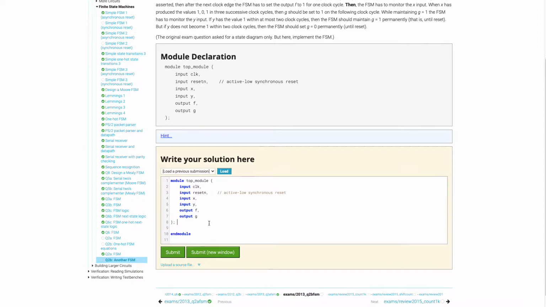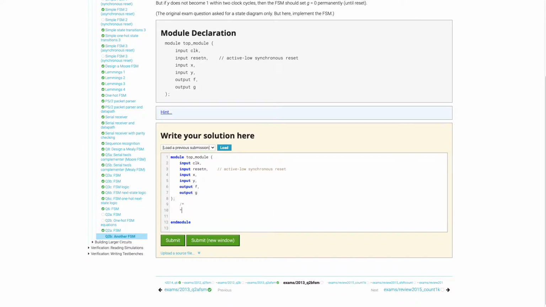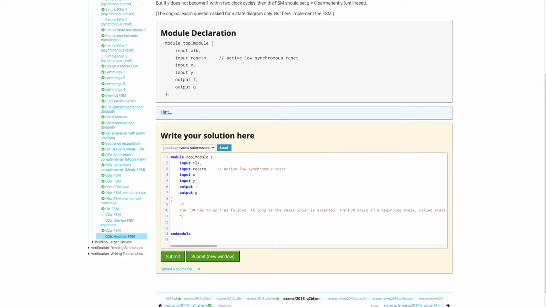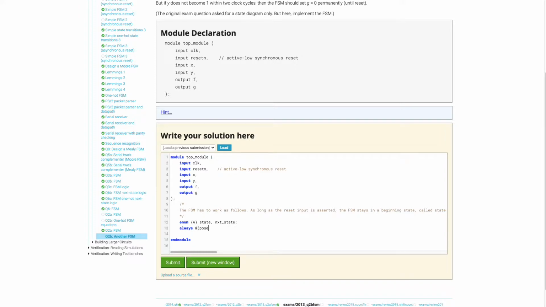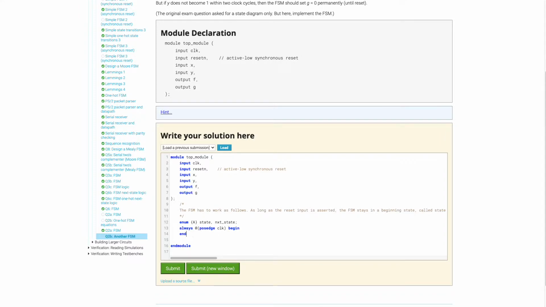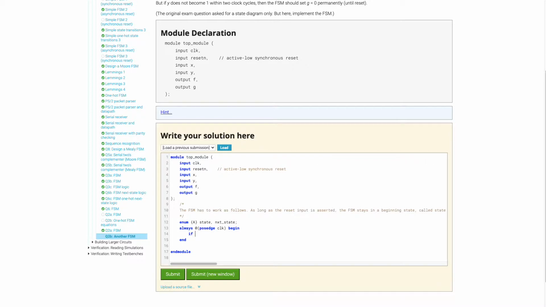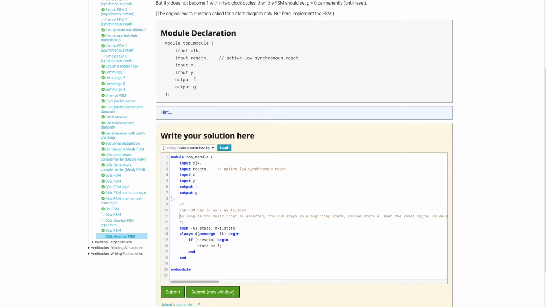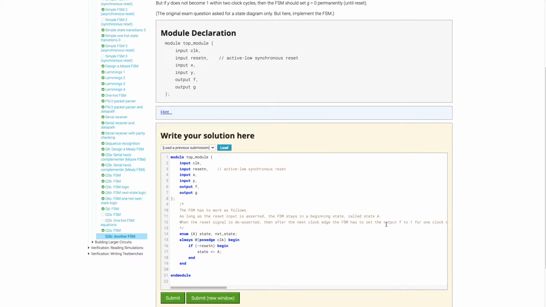Perhaps I'll just copy and paste this here so that I can more easily see the description of the problem. Active low synchronous reset. So that's one spec, that's done.